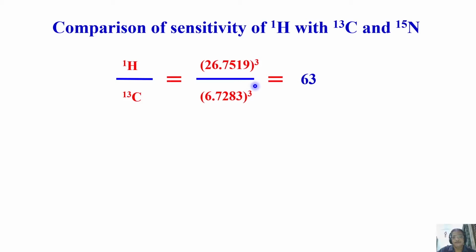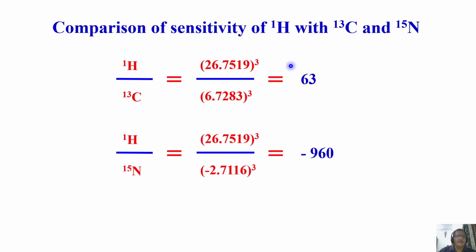Plug it into your calculator. You will find this is 63. That means the sensitivity of carbon 13 compared to that of proton is 63 times lower. Remember, it is 63 times lower.